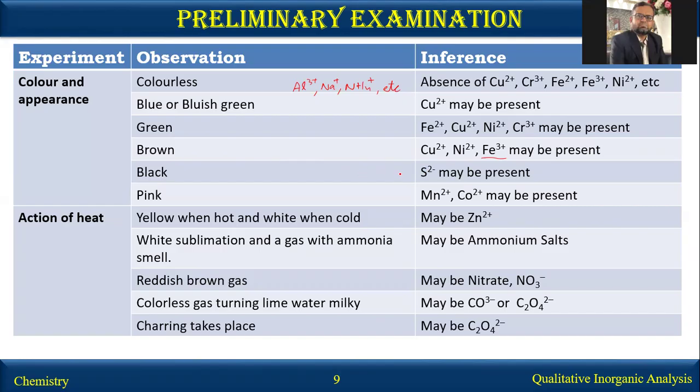It is not given in most of the colleges. If the compound is pink, if it is light pink, then it is manganese, or if it is shocking pink, then it is cobalt, cobalt 2 plus. And one more important thing, if you make a solution of a salt containing manganese, it would be almost colorless. But the solution of cobalt would be pink in color.